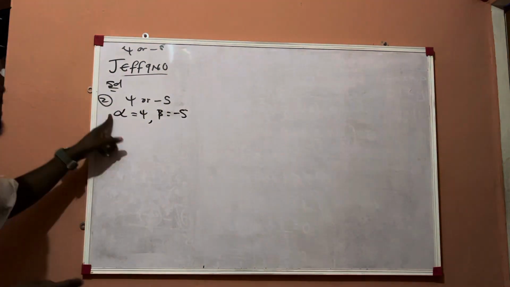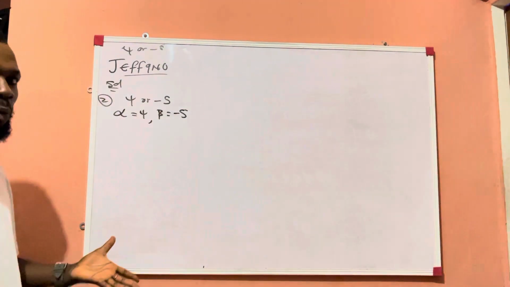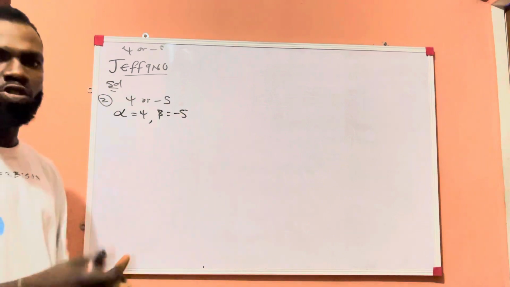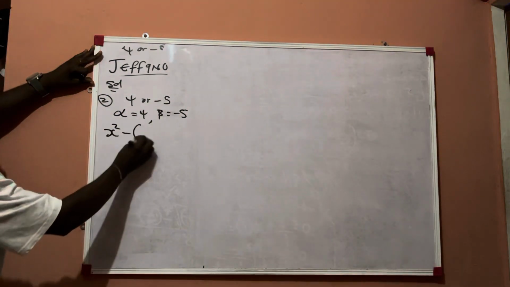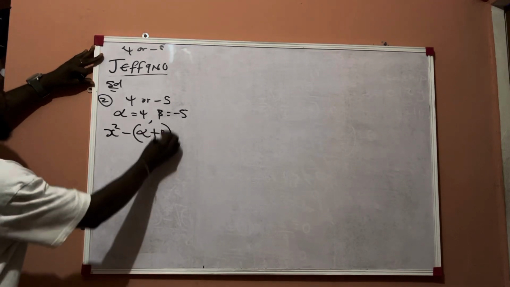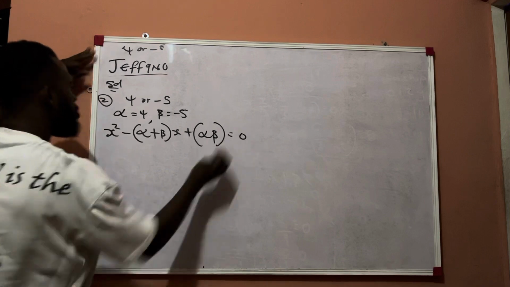Now, if alpha is equal to 4 and beta is equal to minus 5, because these were the roots that were given, what is the next thing you do? You introduce the formula. Now, what is the formula? x squared minus alpha plus beta x plus alpha beta equal to 0.